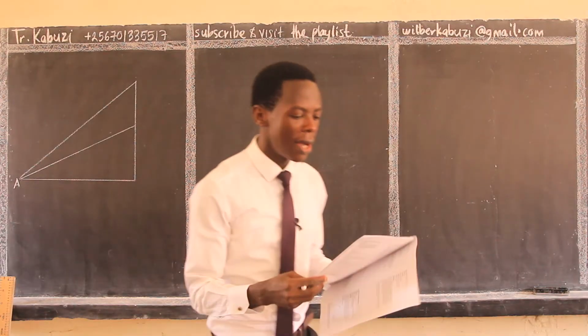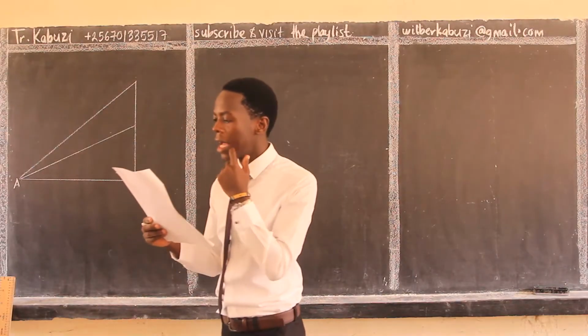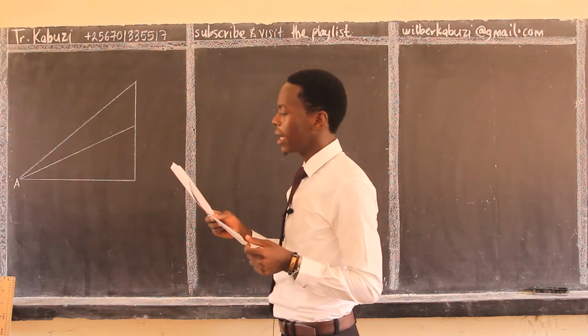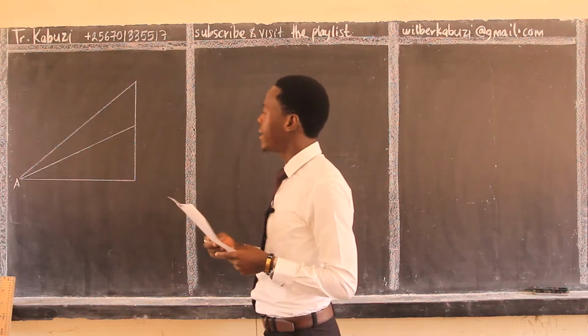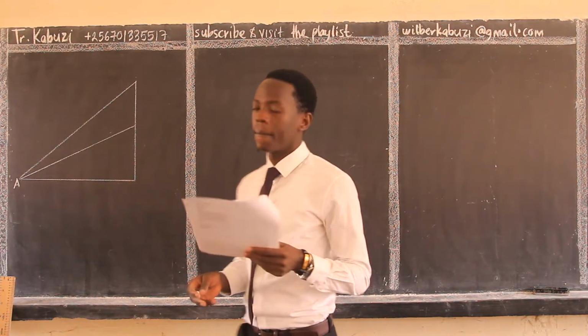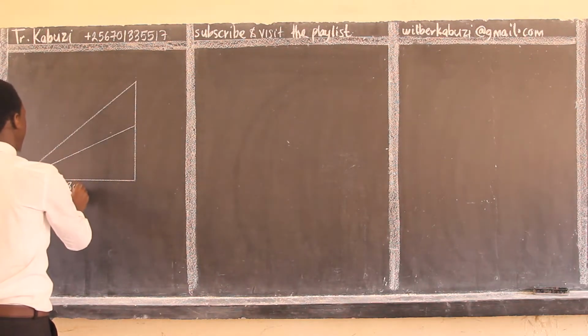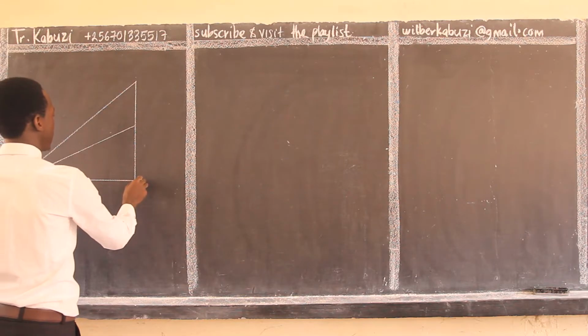Okay, in our scenario here, they are saying a community plans to construct a tower on top of a hill. The base of the hill is located at a distance of 80 meters away from point A. So this is point A, and here we have our 80 meters from the base of the hill.